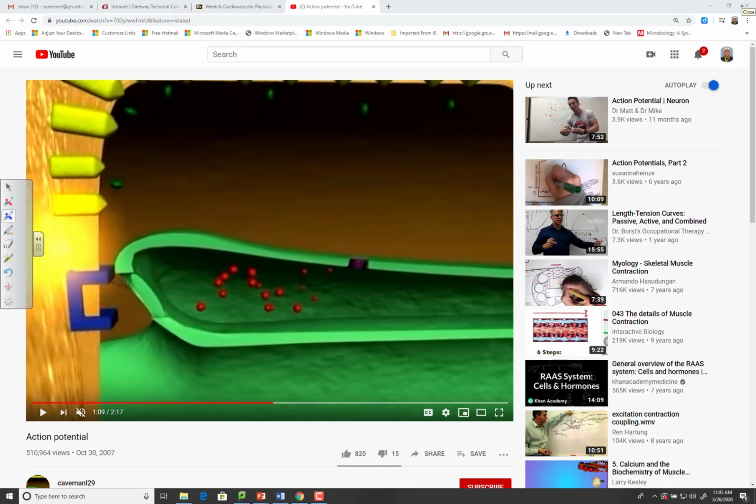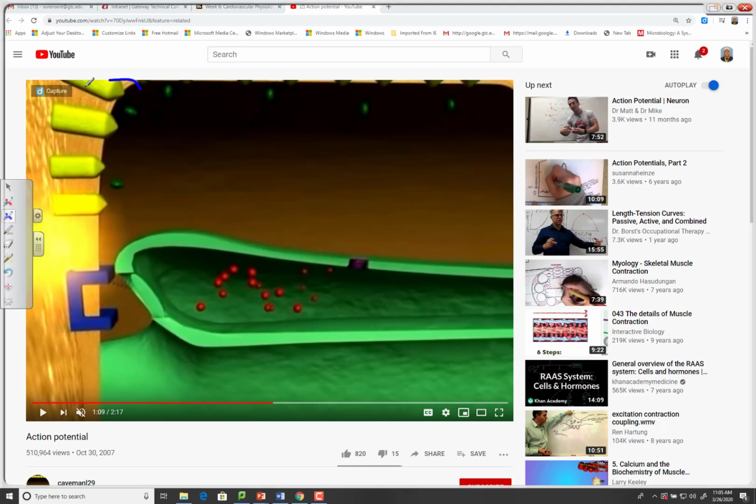So these little red balls represent calcium. The only way that calcium is going to be released is if that muscle is stimulated by a motor nerve. Then the electrical impulse is going to travel over the muscle cell fiber, and it's going to open voltage-gated calcium channels. Remember this? On the sarcoplasmic reticulum.